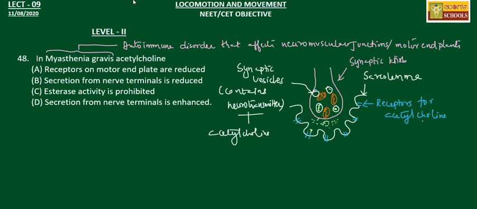Now what happens in myasthenia gravis? Antibodies are produced that destroy the acetylcholine receptors.